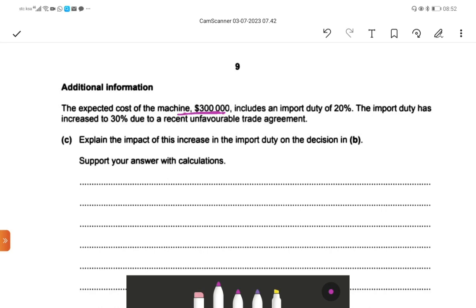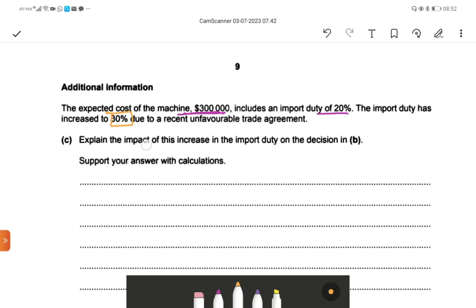It includes an import duty of 20%. But the import duty has increased to 30% due to a recent unfavorable trade agreement. Now the cost is again increasing.